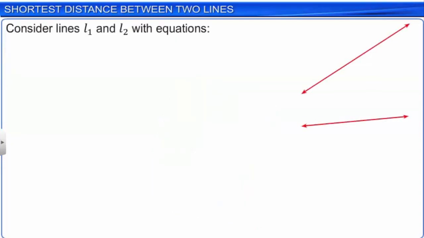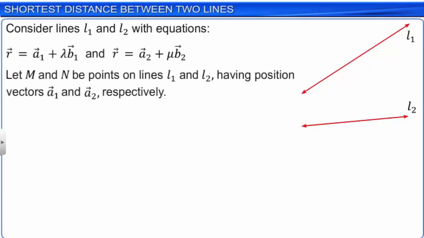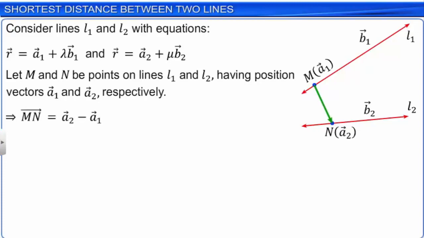Consider a pair of skew lines L1 and L2, represented by the vector equations as shown. Here, A1 and A2 are the position vectors of points, say M and N, on lines L1 and L2 respectively. Thus, vector MN is given by vector A2 minus vector A1.